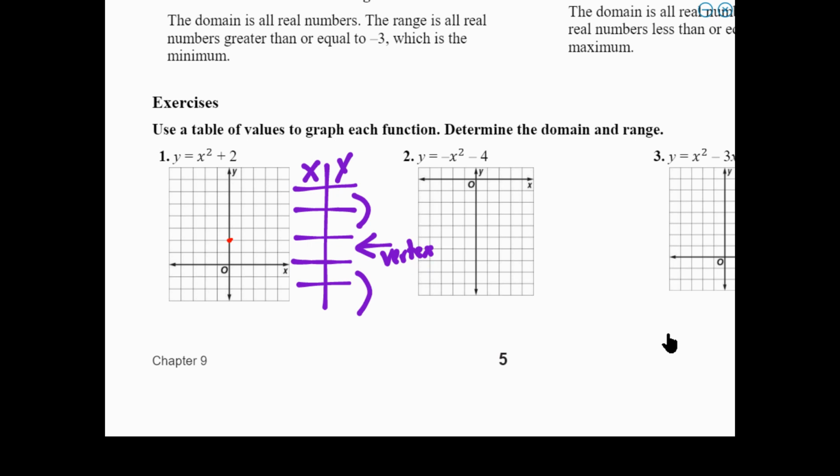x-intercepts. Okay, so I was showing them that your vertex is at 0, 2, because when you're going on your table, if you're just looking at the table trying to figure out what the vertex is, you're going to have to scroll up and down until you start seeing this mirror image thing happening, where you start seeing those numbers repeat.